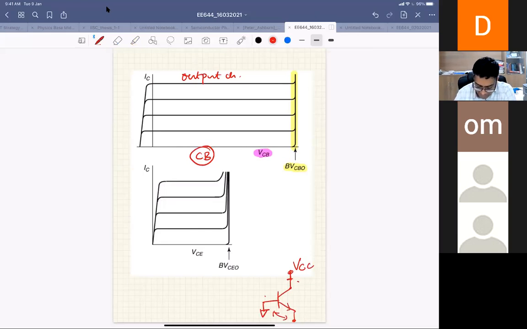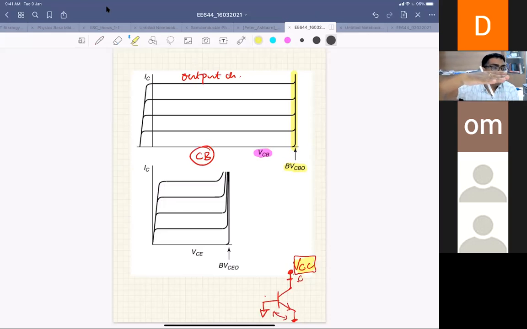So let's say the emitter is open, meaning I'm not giving any voltage here. This is my collector, so I give VCC to the collector in normal circuit operation. So this BVCBO will tell you what is the maximum VCC, the maximum voltage, you could give.